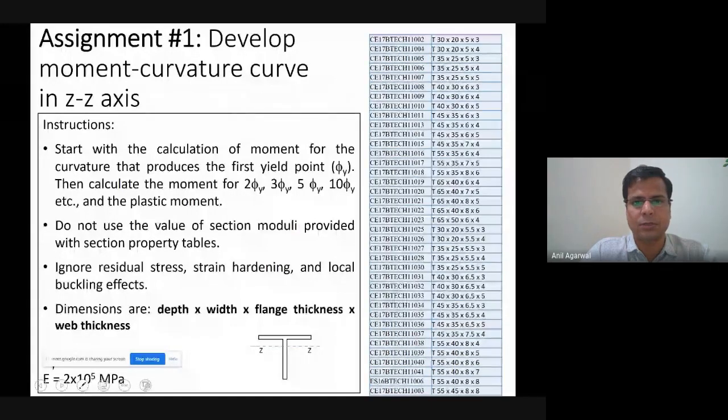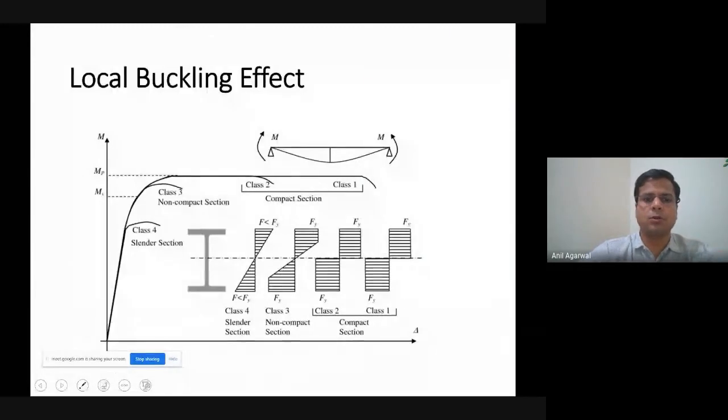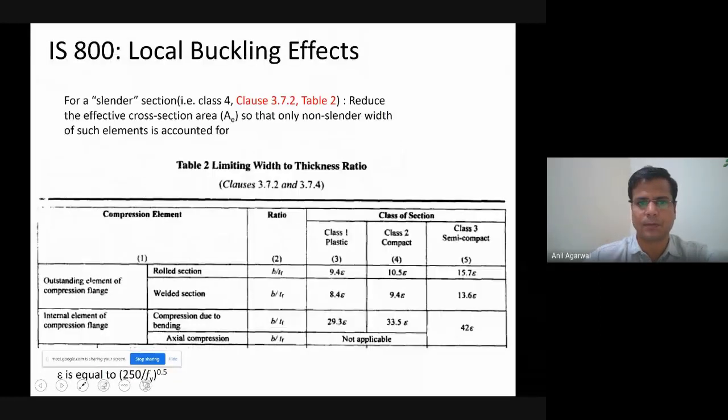Let me try to go to those here. So Table 2 of IS 800, we had discussed this table, and there were several classifications of the cross sections depending on the b by t values, different b by t values.